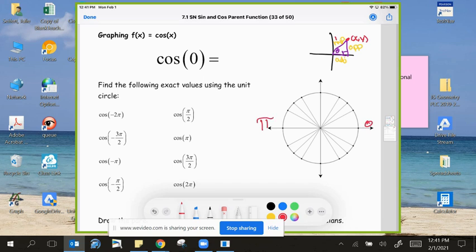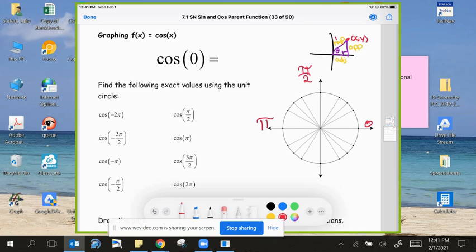Pi is on the left. What's up top? It is half a pi. How do we write that? Yes, pi over 2.